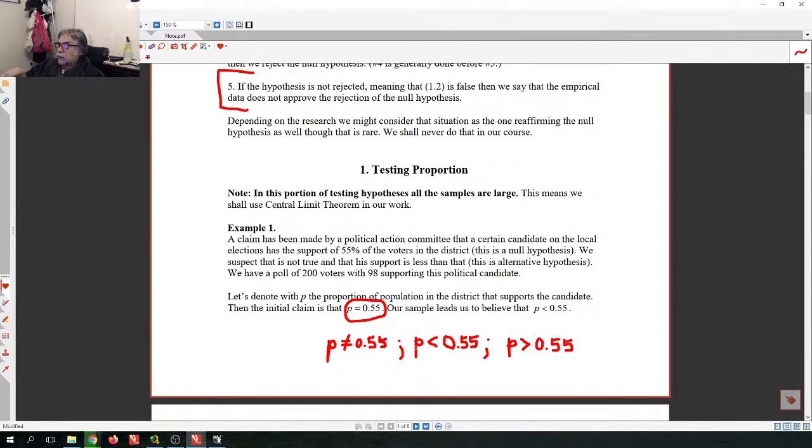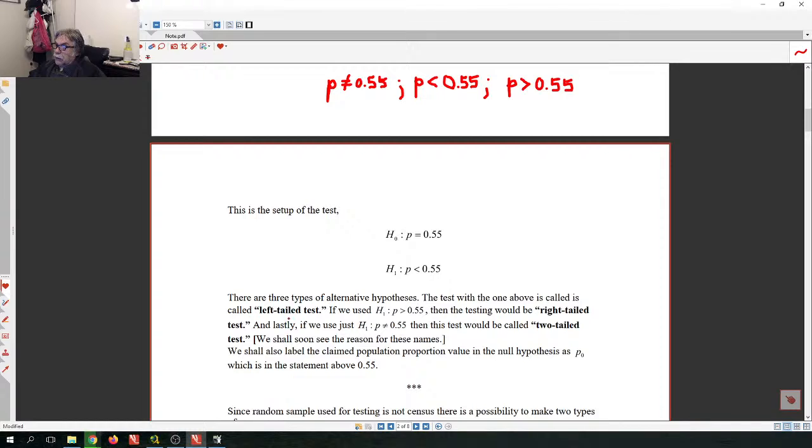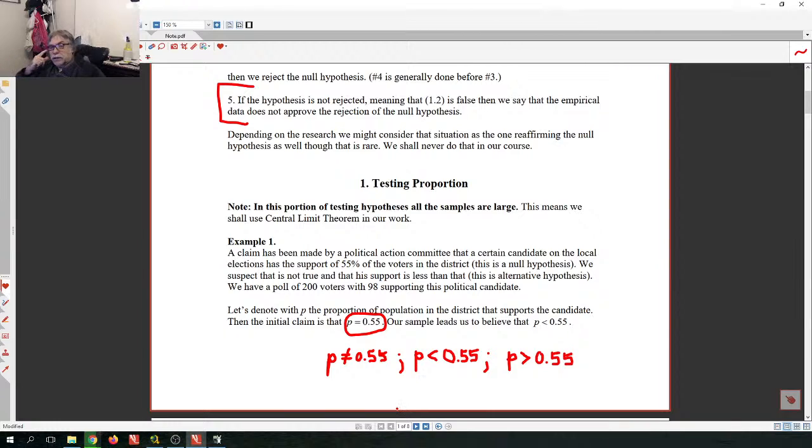We will see in pictures very soon what it means. And this is called a two-tail alternative. So it is either a left tail test, a right tail test, or a two-tail test, depending on what the alternative hypothesis is.